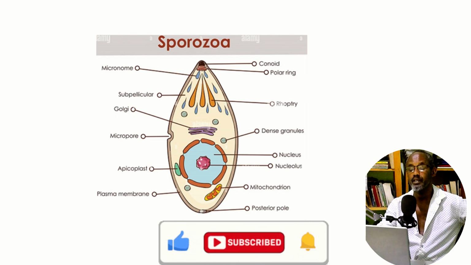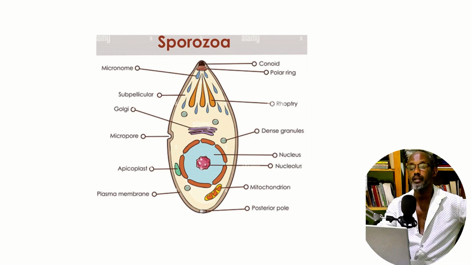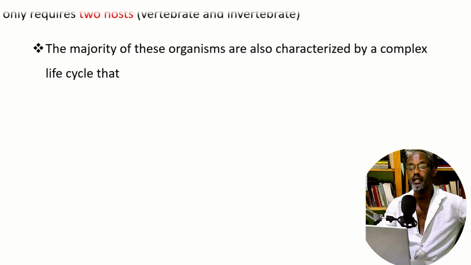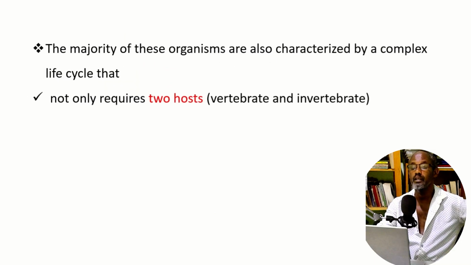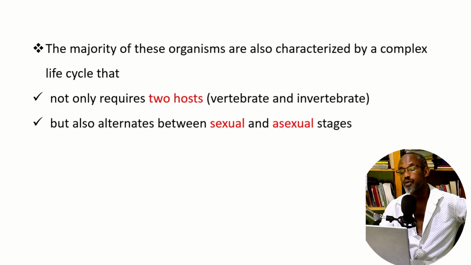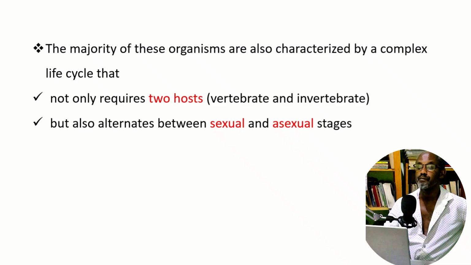Since they are all parasites, they all contain this apical complex. The majority of these organisms are also characterized by a complex life cycle that involves two hosts, a vertebrate host and an invertebrate host, and also alternates between sexual and asexual stages.